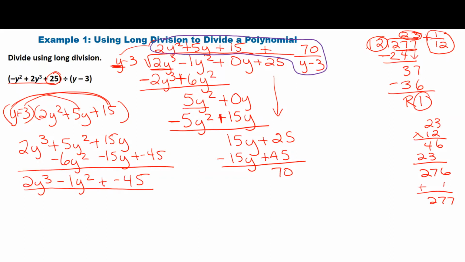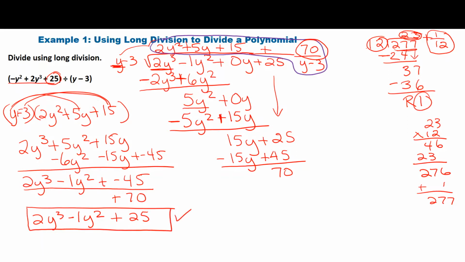So I can't forget to look back over here at my remainder, which is 70. So I have to add 70 to that. And in the end, when I do, I end up with 2y cubed minus 1y squared plus 25, because negative 45 plus 70 is a positive 25. And so here I see that my answer checked out just fine.